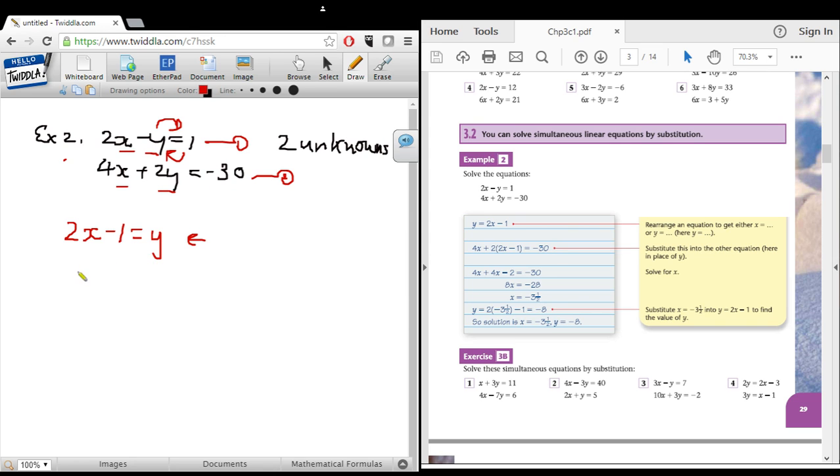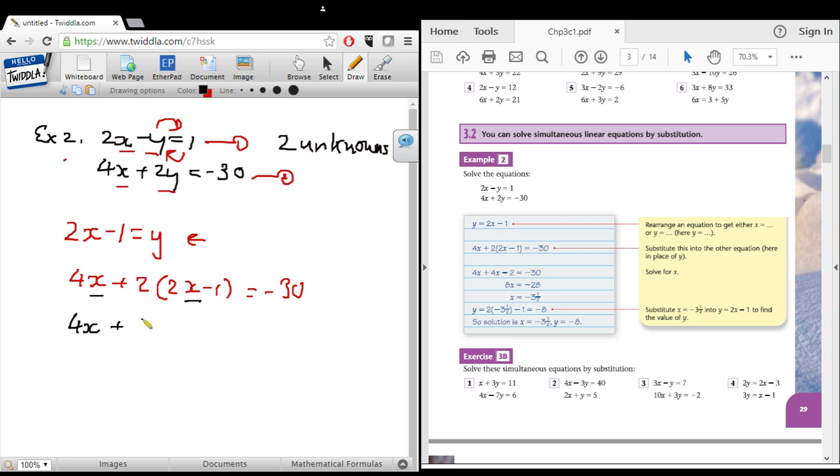So what will then transpire is that we have 2x minus 1 equals minus 30. And now can you see how we have one unknown? The y has disappeared because we've substituted this into this equation. So then again, as normal, we just carry out our operations.